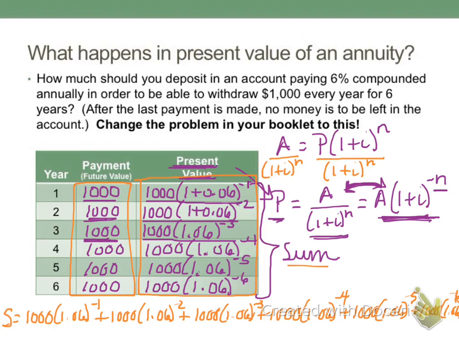Hopefully you can see that well enough to know what you're supposed to write. Okay, so this is the sum. This is the present value for this entire annuity, is adding all of these up together.